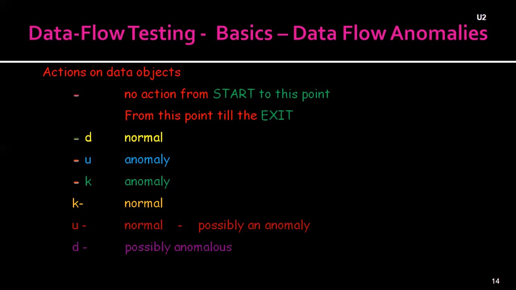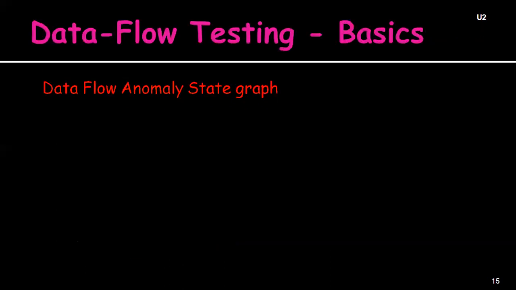All these situations we will be using while we are drawing the data flow graph. So in the data flow graph, we are going to use all these situations. Understood? Now let us see what is a data flow anomaly state graph.